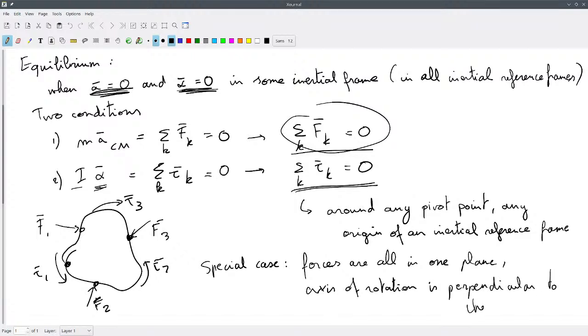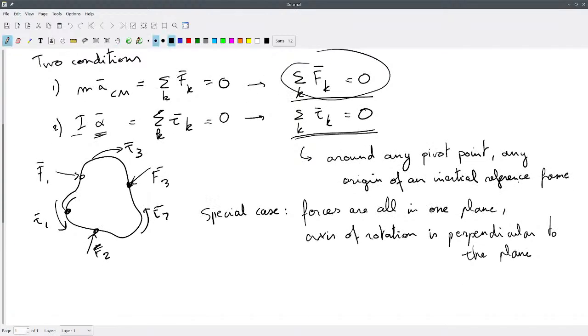In fact, that's exactly the situation I've drawn here, because that's what happens when you work in 2 dimensions. All of the forces are in this plane, and all of the torques are rotations, so they're perpendicular to the plane, and the axis of rotation is perpendicular to the plane. In that case we refer to a 2-dimensional statics problem.